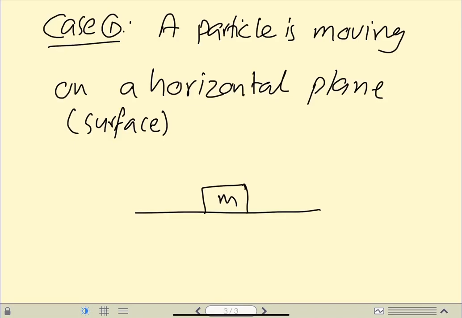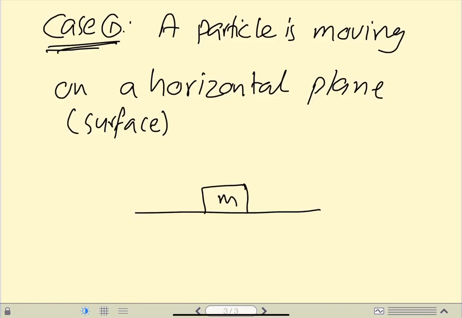And we are studying the case now, writing and resolving the forces, displaying the free body diagram, the forces acting on this particle, with case number 1, that the particle is moving on a horizontal plane, or horizontally.